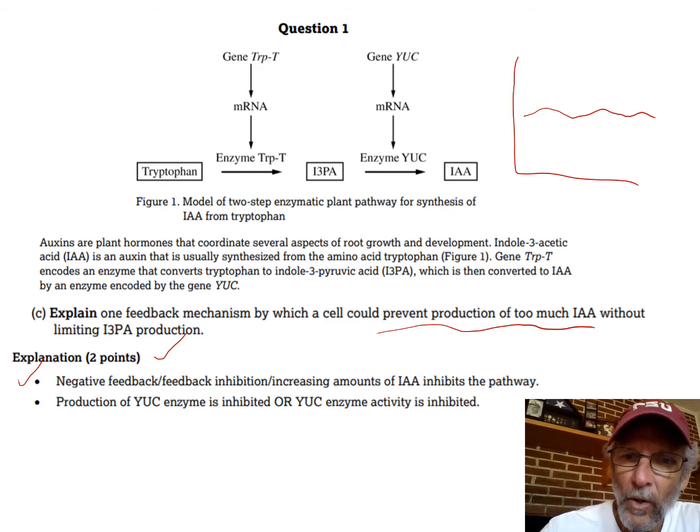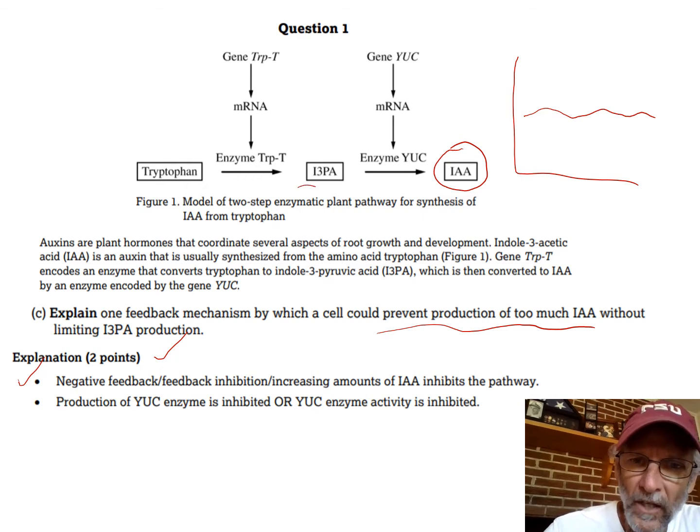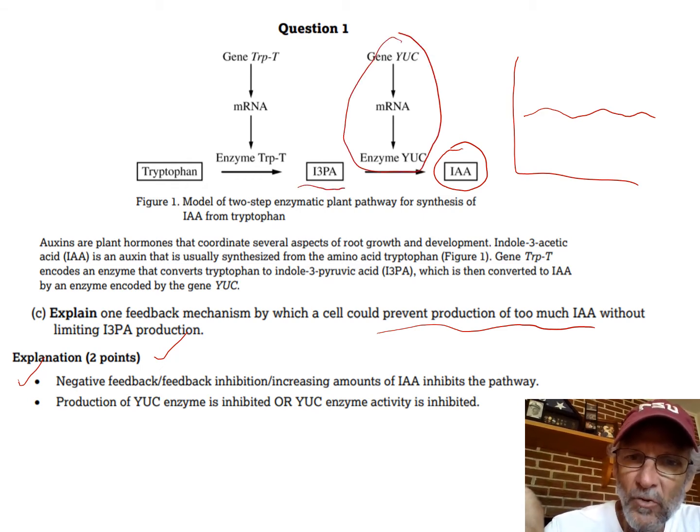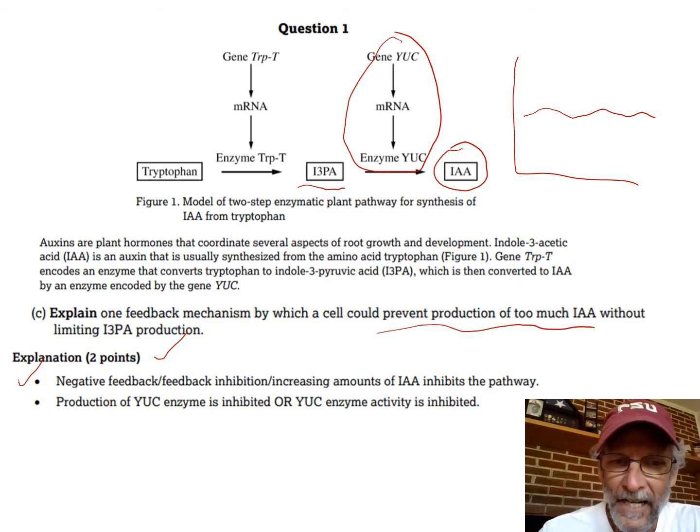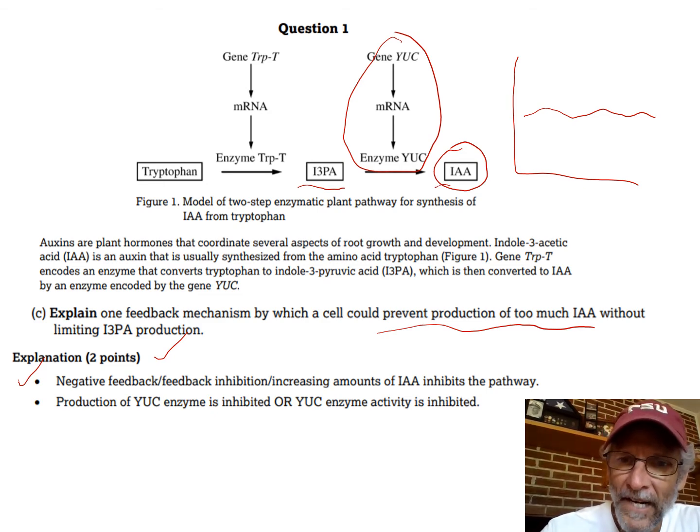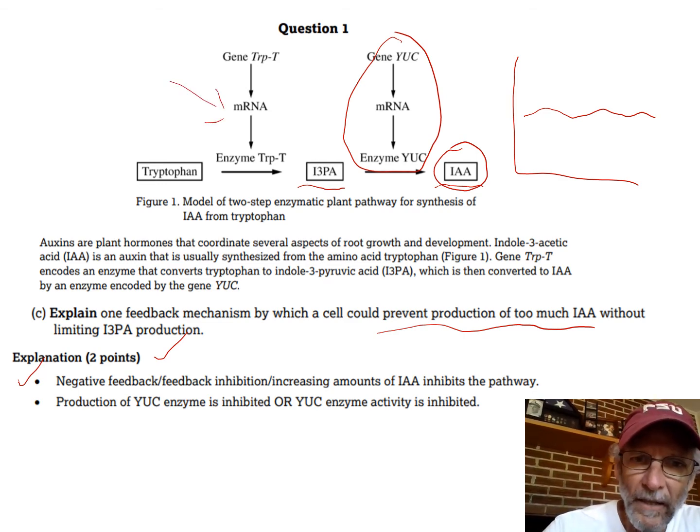Now, they tell you we don't want to produce too much of this, but we don't want to limit this. That means this part of it is what must be inhibited to not make too much of this, not this part of it. That's why they said without limiting the production of this. So how could that work?